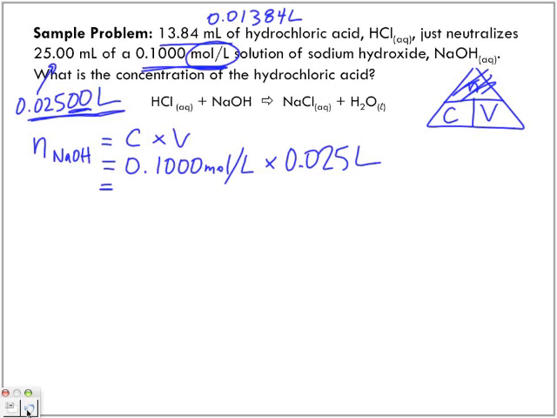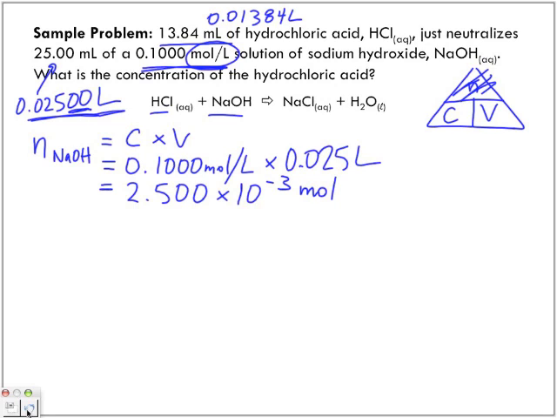When we multiply the two together, my answer, which I wrote in scientific notation, is 2.500 times 10 to the power of -3 moles. These are the number of moles of sodium hydroxide that I'm using in this reaction. But what is the ratio between these two? It's a 1-to-1 ratio.